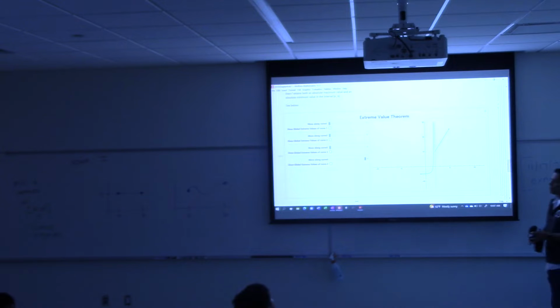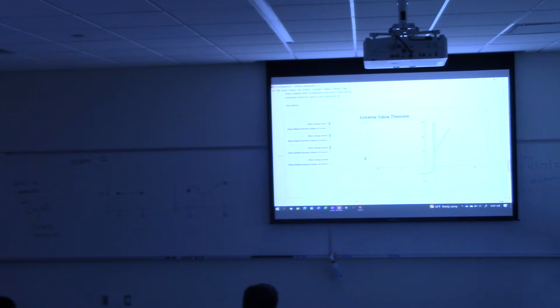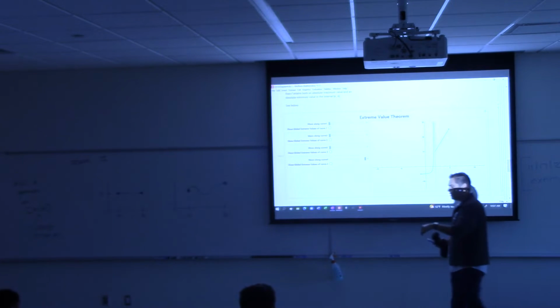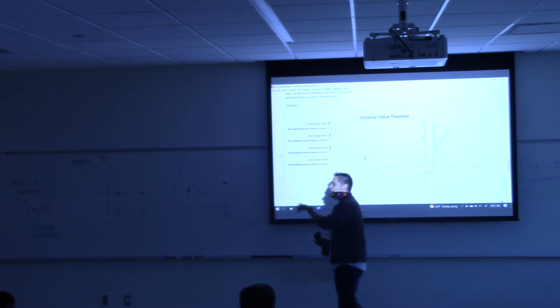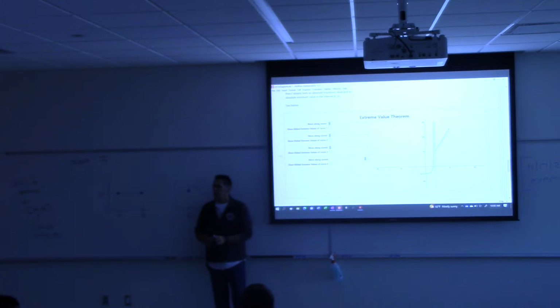Yes? I guess part of the definition says it's got to be on a closed interval to have an absolute max and min. If you went back to that sine function and left it ongoing, wouldn't you still actually have an absolute max and min? You could have one, but the theorem says you have to have them. The theorem says if you're a continuous function on a closed interval, then you have to have a max and min.